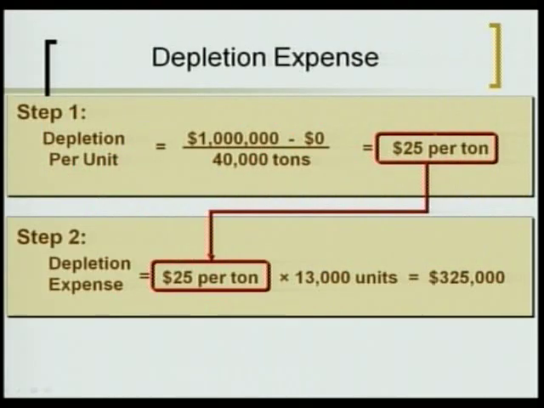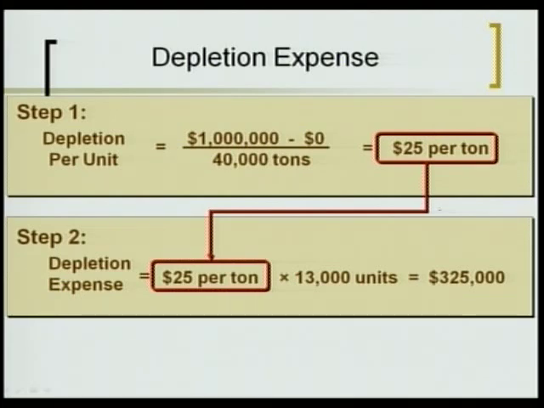You take the cost of that natural resource, minus the estimated salvage value, which in this case is 0, divided by the total amount of tonnage that you think you'll extract from it. In this case, it's 40,000 tons. So what we're going to do is deplete $25 per ton for the number of tons each period, right? Does that make sense?